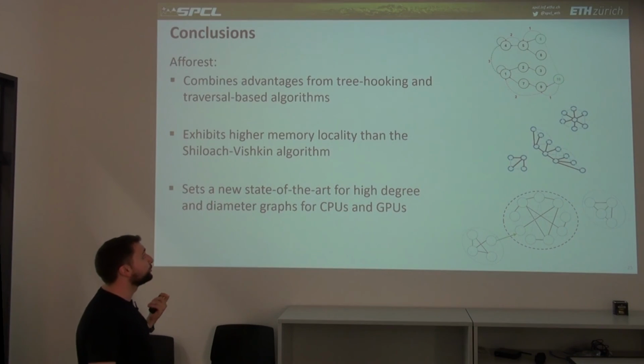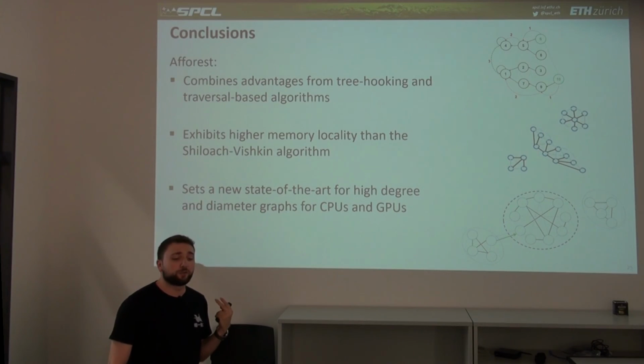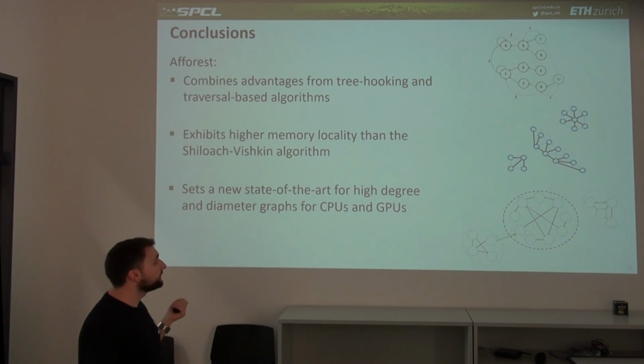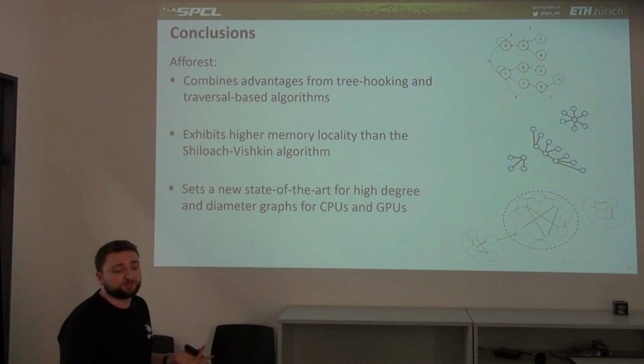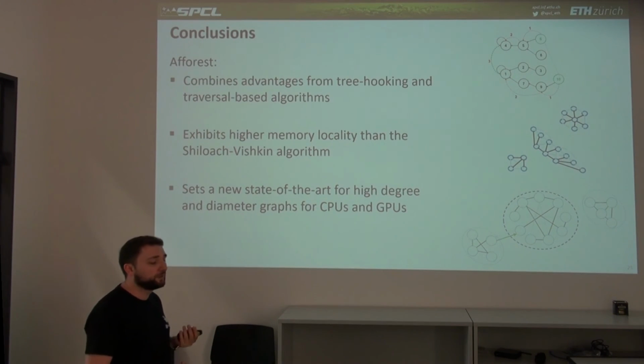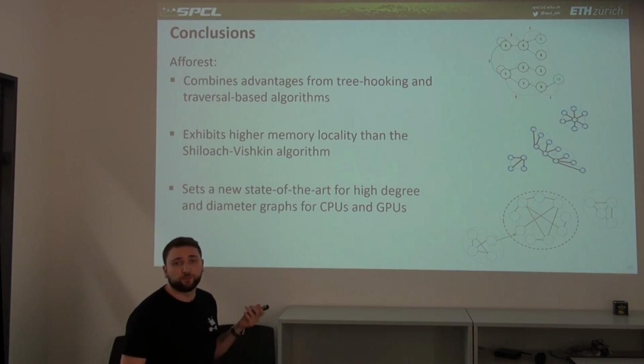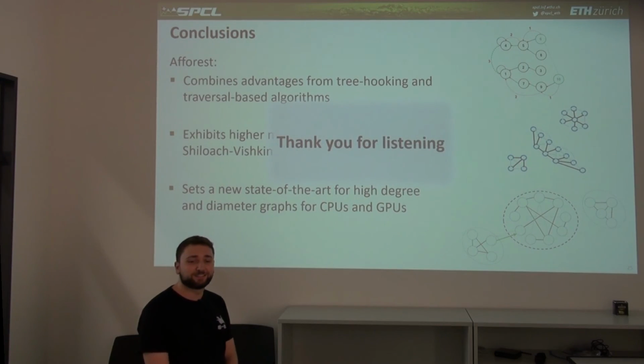In the paper, we also show how this algorithm exhibits higher memory locality than the Shiloach-Vishkin algorithm. And just to summarize everything, we define a new algorithm, which is now the state of the art in all real-world graphs for the computation of connected components. Thank you for listening.